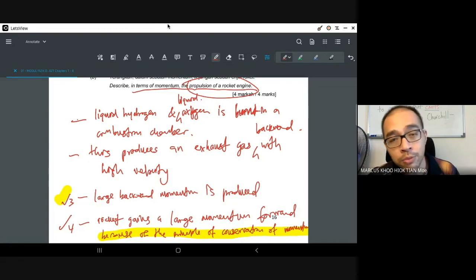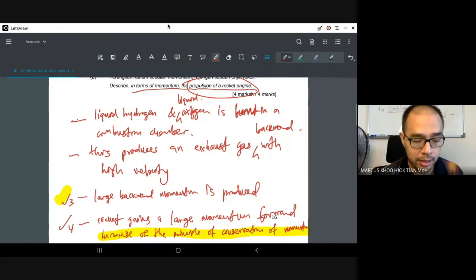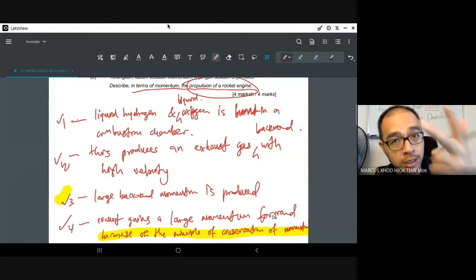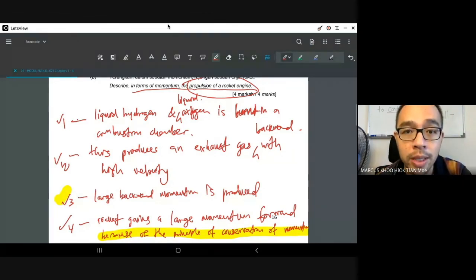So a backwards momentum must produce a forwards momentum. That is in 4 points. Point number 1, 2, 3, 4: how you produce the exhaust gas, and then what the exhaust gas produces. Because of the velocity, there's the backward momentum, and because of the backward momentum, there's a forward momentum, and you need to mention the words principle of conservation of momentum.